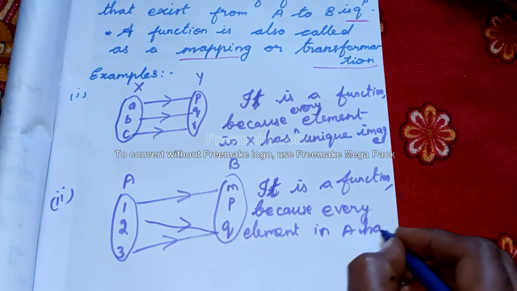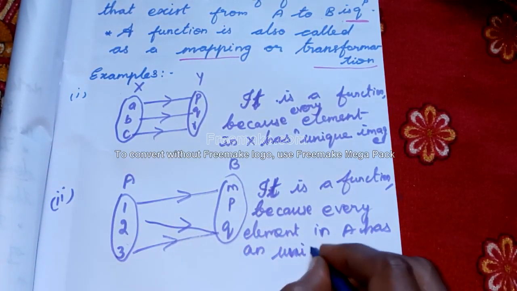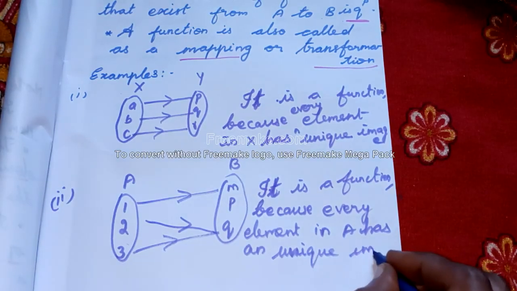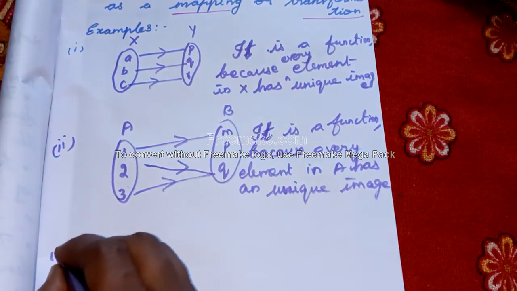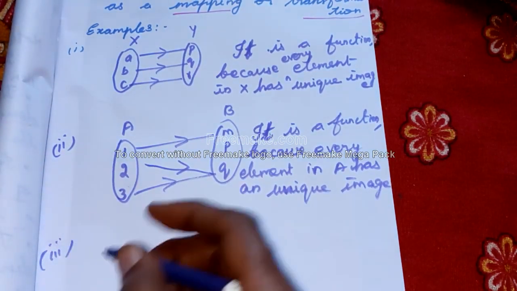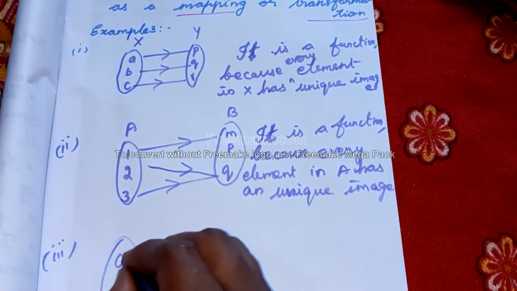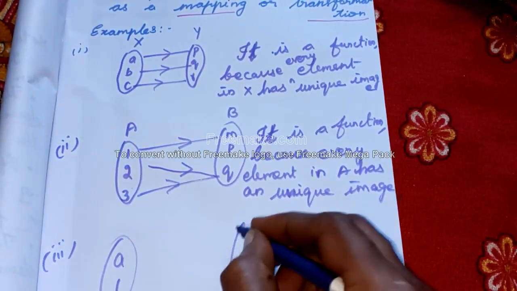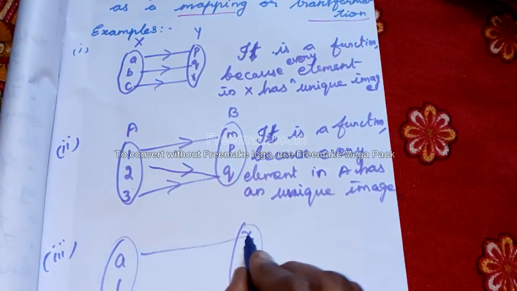Then the third one. A, B and X, Y, Z. The relation is (A, X), (B, Y), (B, Z). Is it a function? It is not a function.